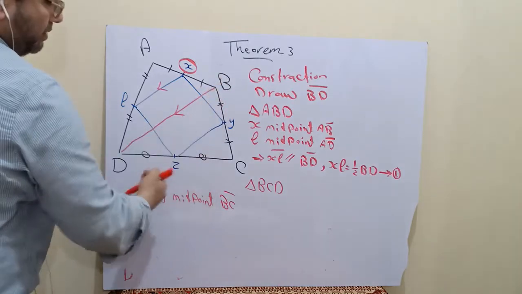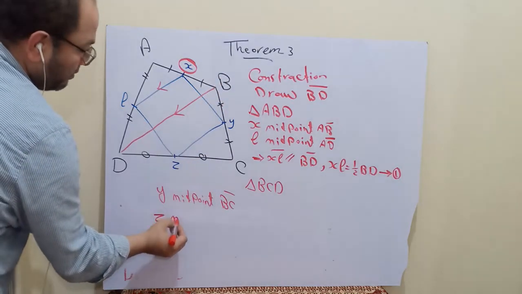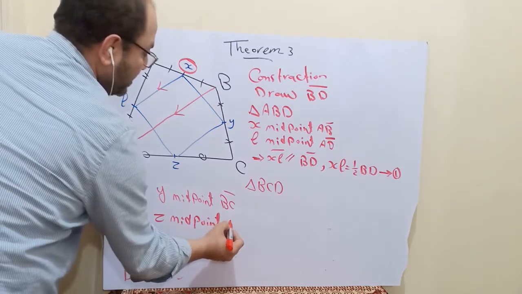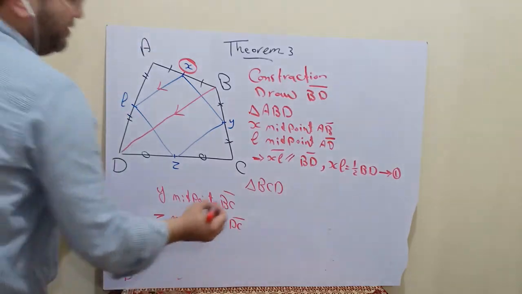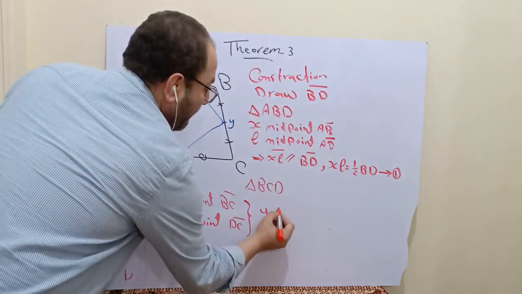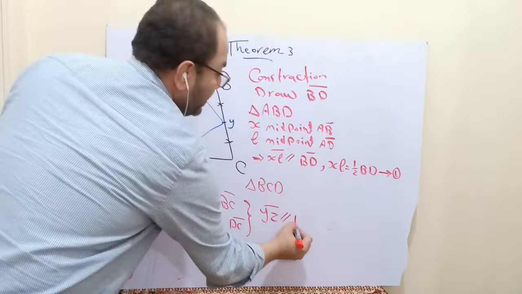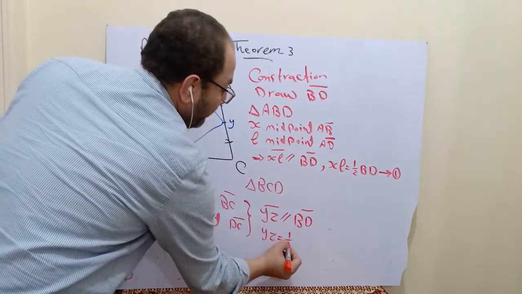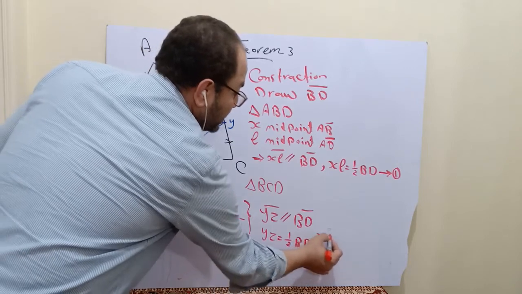This triangle. Z midpoint of DC. Then YZ parallel to BD and YZ equal half length BD. Second relation.